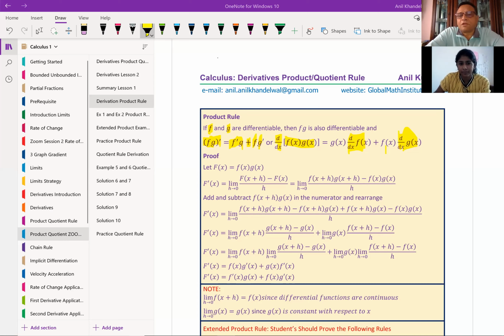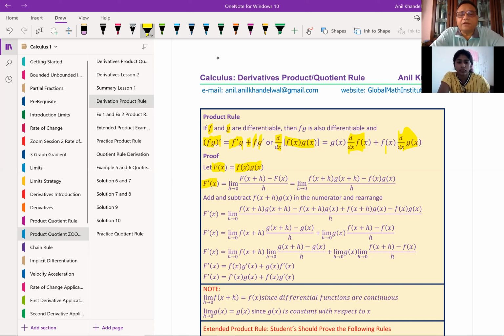All right. Okay, so what we're talking about is that we have the product of two functions, f and g, lowercase. Let us say this product is a bigger function, which is capital F of x. We are interested in finding a formula which can be used to find the derivative of capital F of x, that is, the product of two functions.